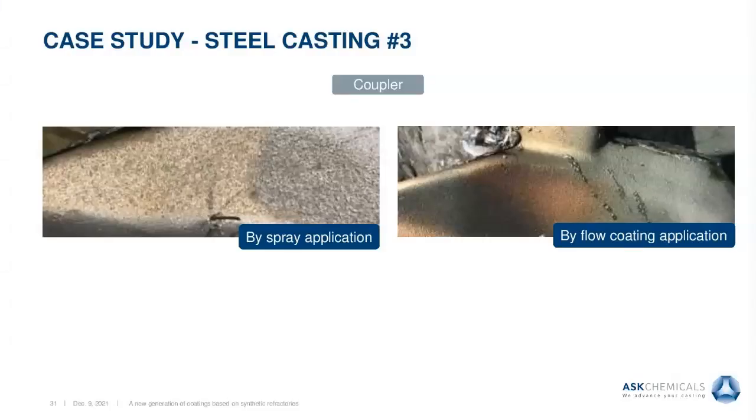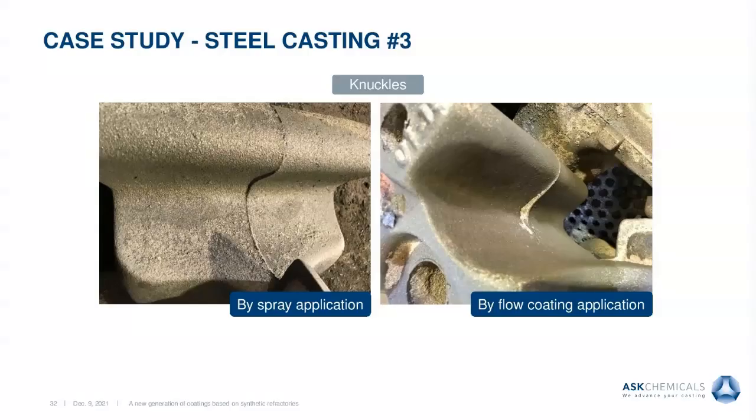And you can see on the right side the flow coated casting of the coupler, before it was sprayed with a silicon-based coating, and you can see the huge improvement which was achieved. And here the knuckles, you see the same result, very smooth and very nice casting without any defects.